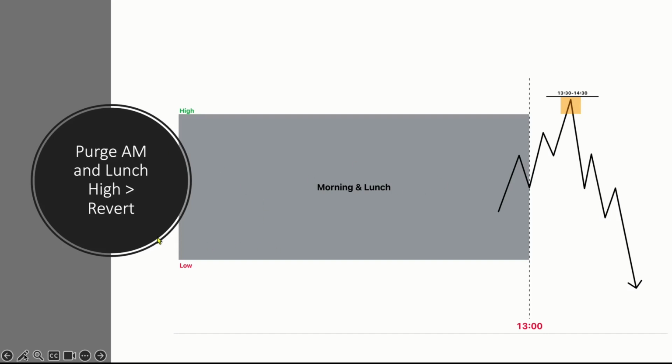This occurs when the morning session's high and the lunch session's high are relatively equal, or if the morning session's high was, for example, already taken out during the lunch cycle, then the first PM cycle will trade above the lunch cycle's high, purge the buy side liquidity above there during 1:30 to 2:30, and from there on form a smart money reversal to distribute lower if price is drawn towards a key sell side objective on the higher time frame.